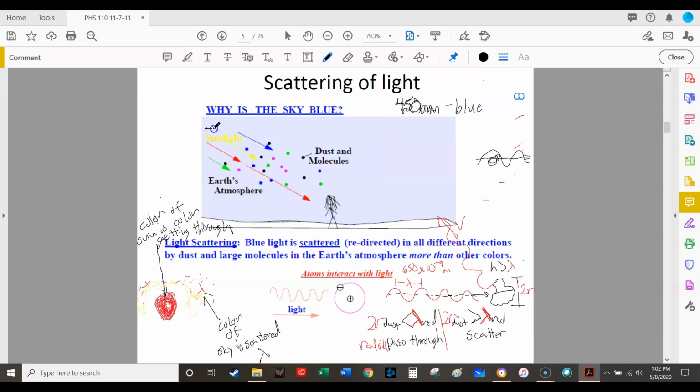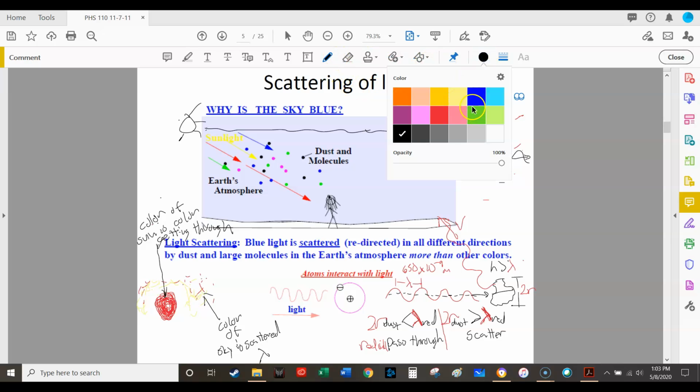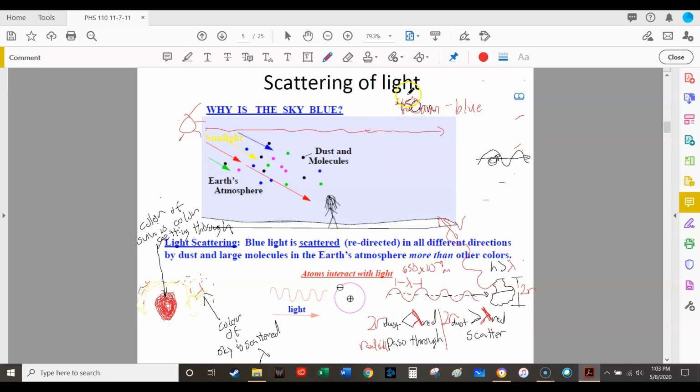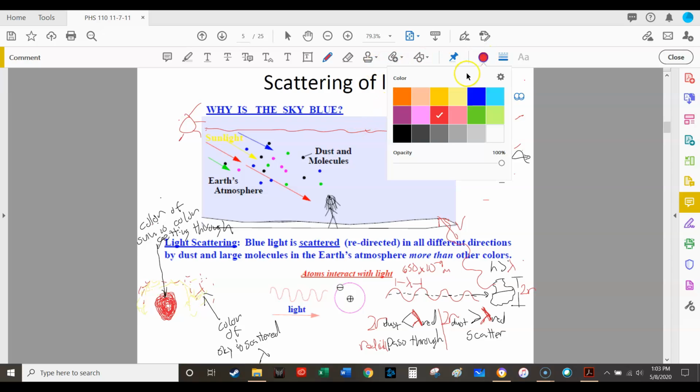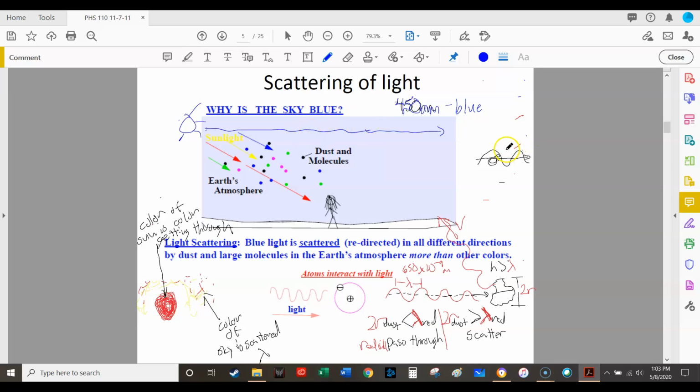If you have the sun right over here, and the light has to go through this much atmosphere, the chances that different colors are getting through is pretty slim, right? So blue will get scattered first, right?